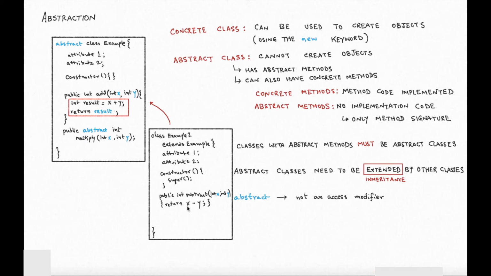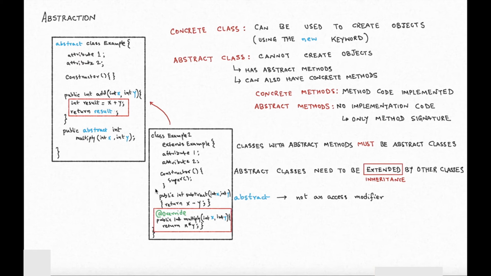So when a subclass is implementing one of the methods of its parent class, we say that it is overriding that method. In the same way, example2 must override example's abstract method. Now the child class has implemented the abstract method of its parent class.